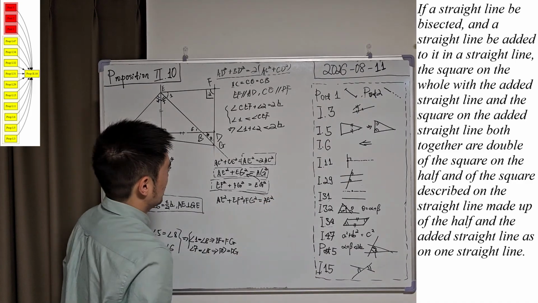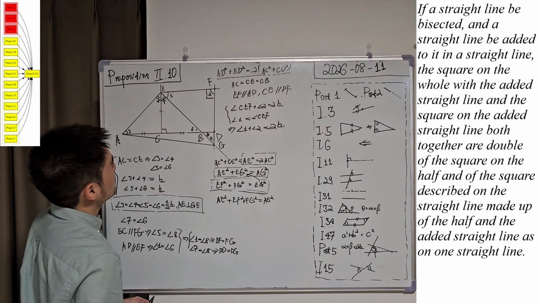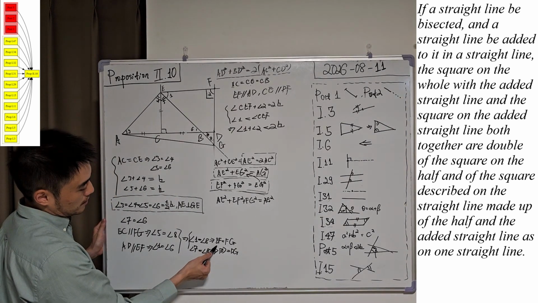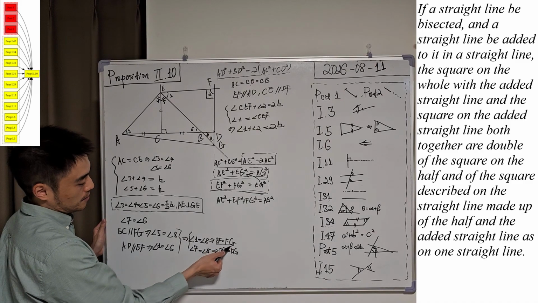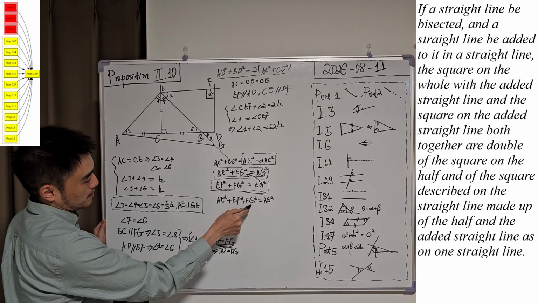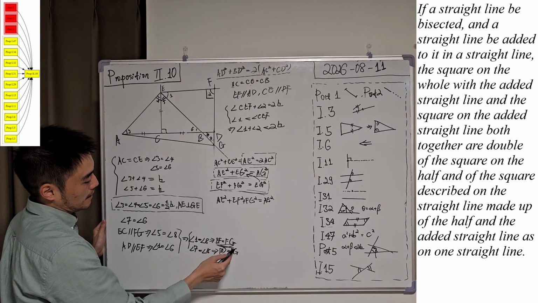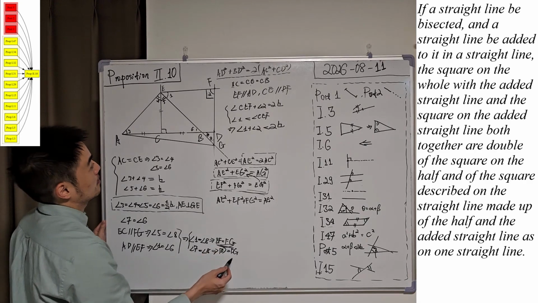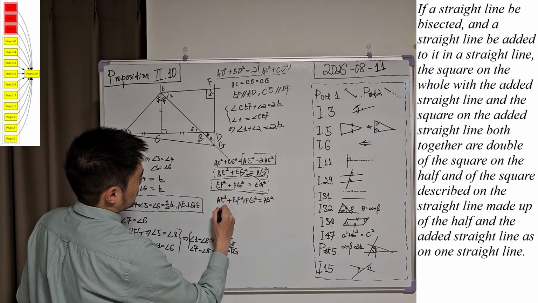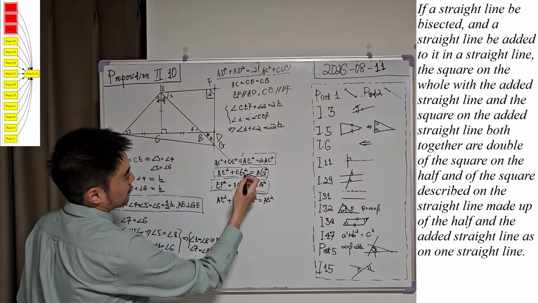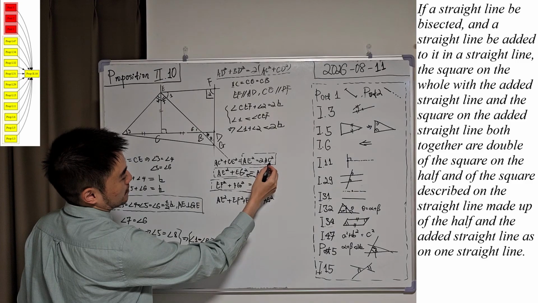Okay. And we have concluded that EF is equal to FG here, correct? So EF squared plus FG squared will be equal to twice EF squared, correct? We also know that AE squared is equal to twice AC squared.